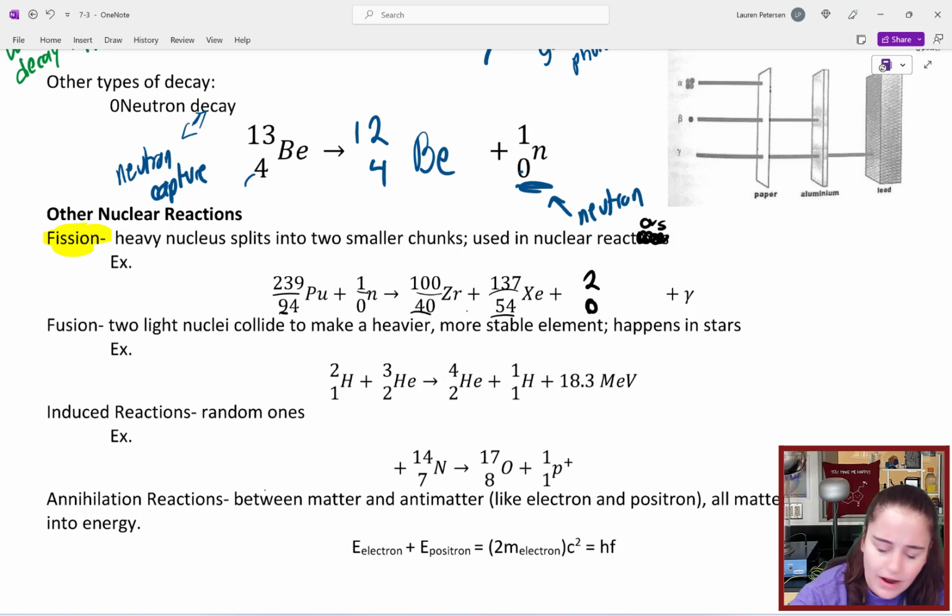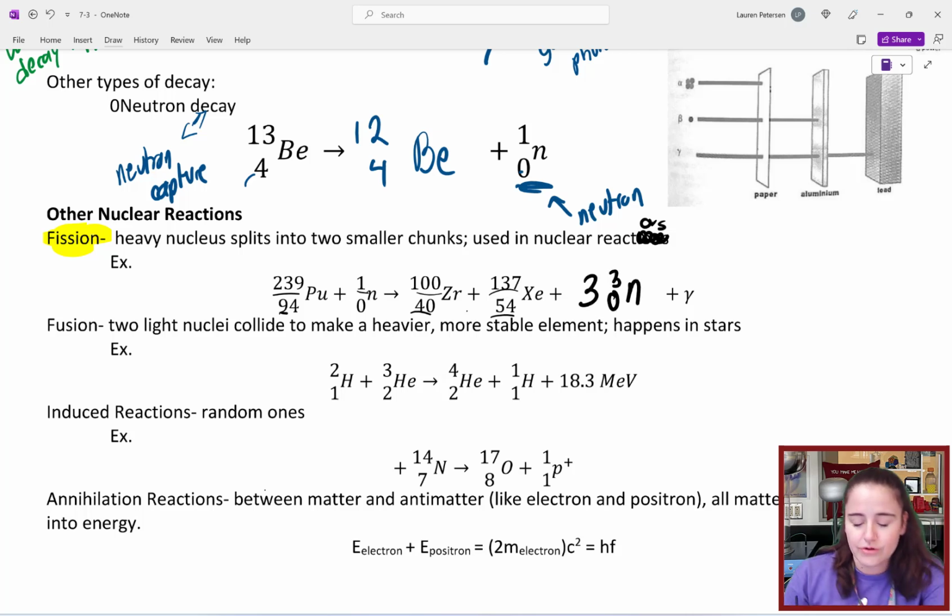The way that probably is, it is going to be 3 neutrons. 100 and 137, 143 neutrons, okay? There's a release of 3 neutrons. Oh, a neutron just has a 1, 0.